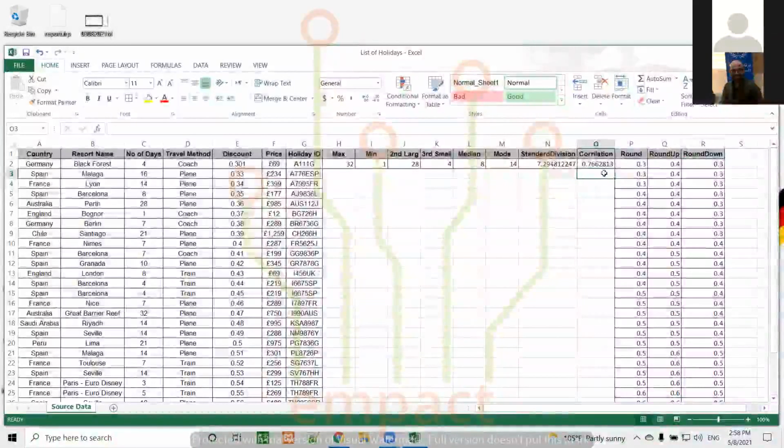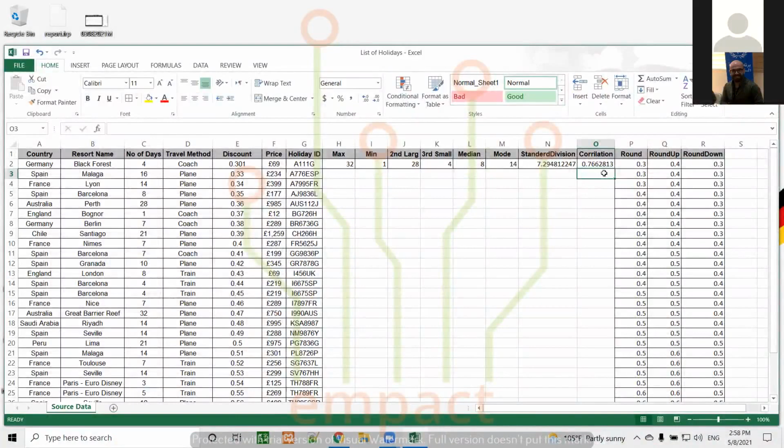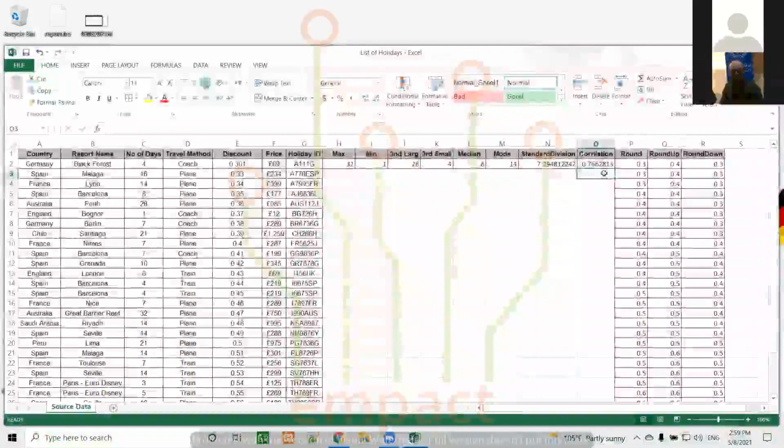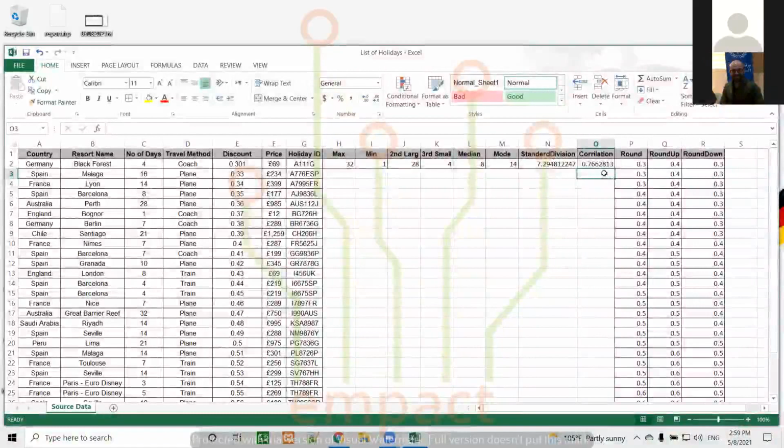So this way, we know that there is a big difference between this and this, and also this and that. So let's say in the exam, how the question is going to be, I will ask you, what is the main difference between round and round down? Or what is the main difference between round and round up?